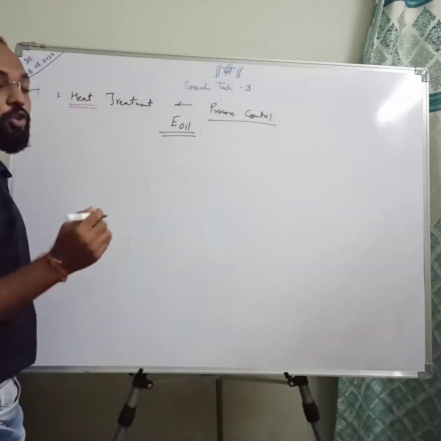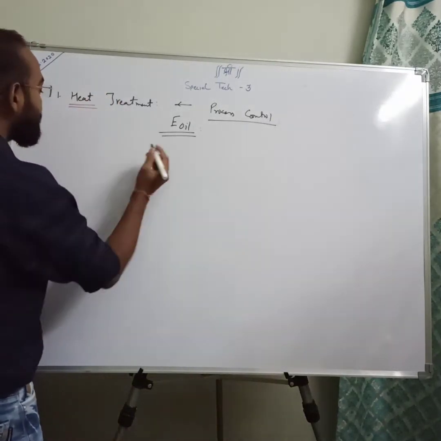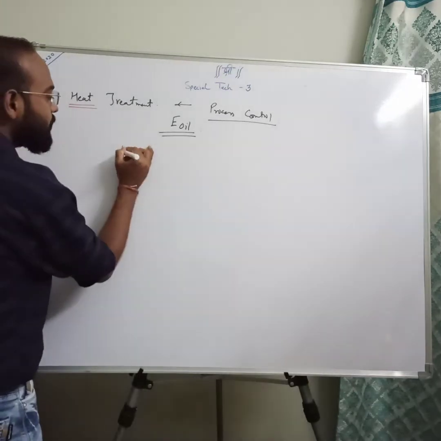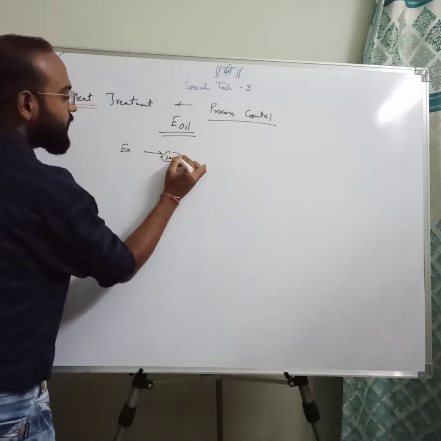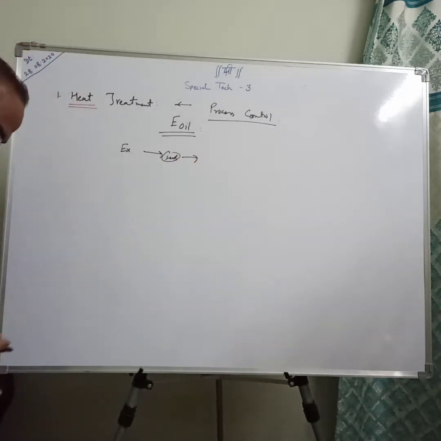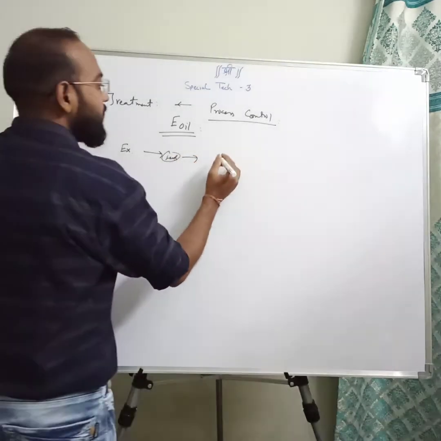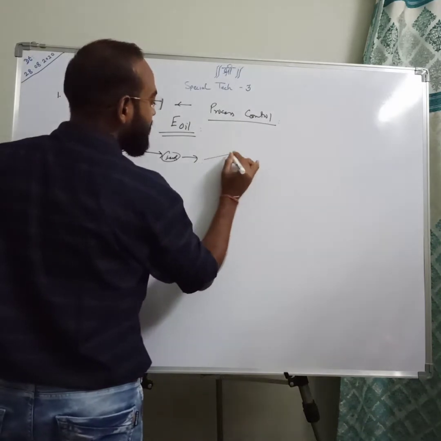If the heat treatment is not carried out in a proper way, then what happens? If an excessive amount of heat is supplied to the seeds, then what actually happens? Due to this, there may be strong changes in your product.